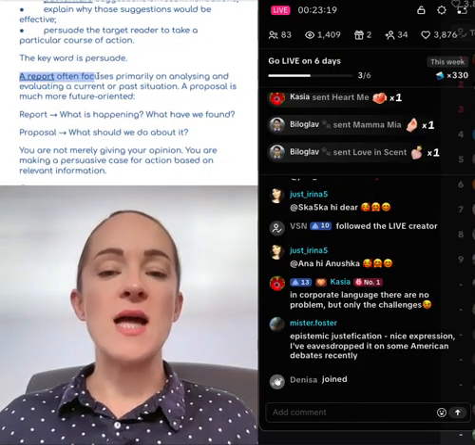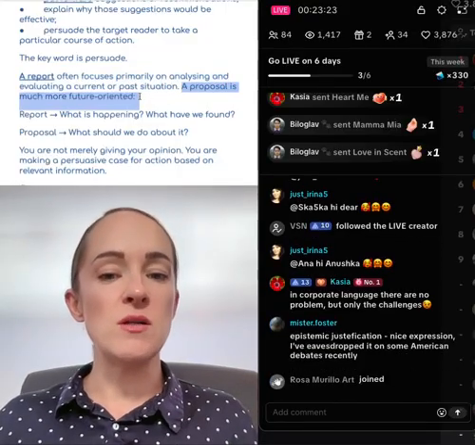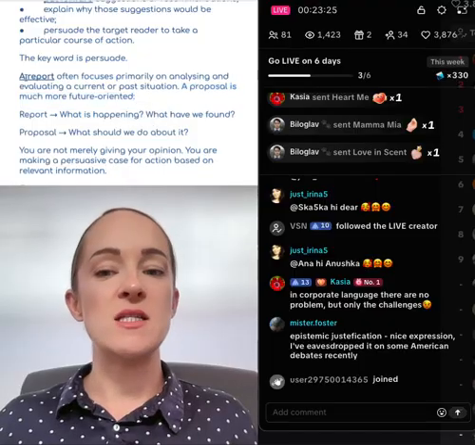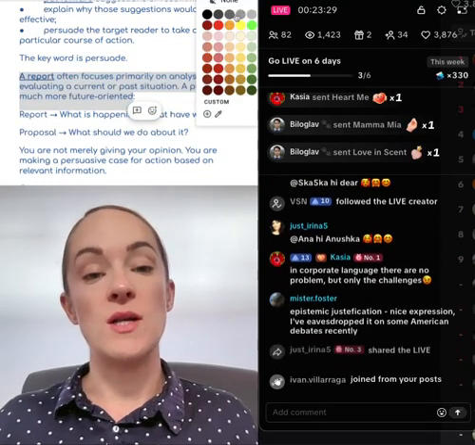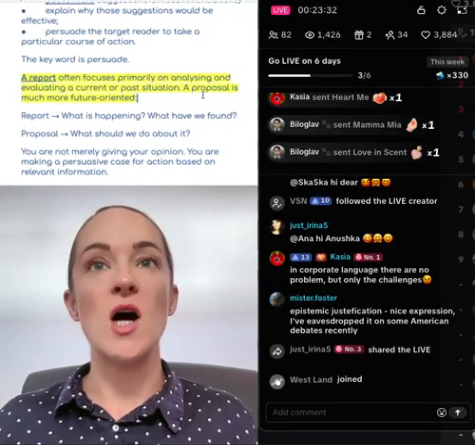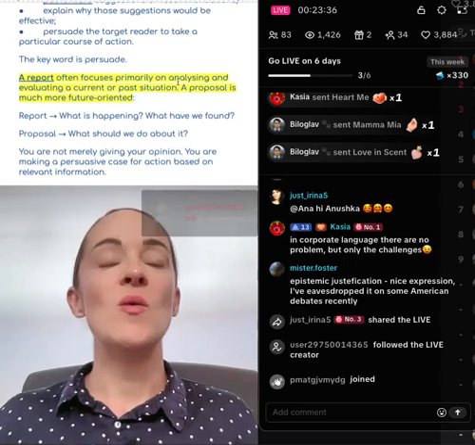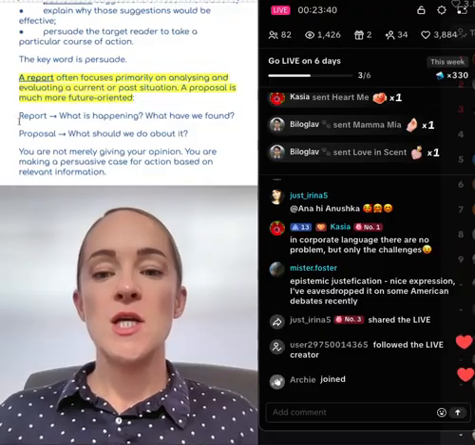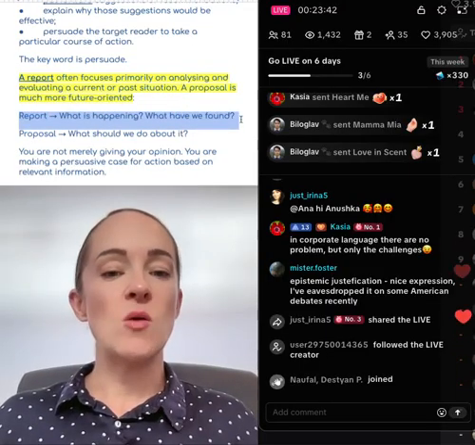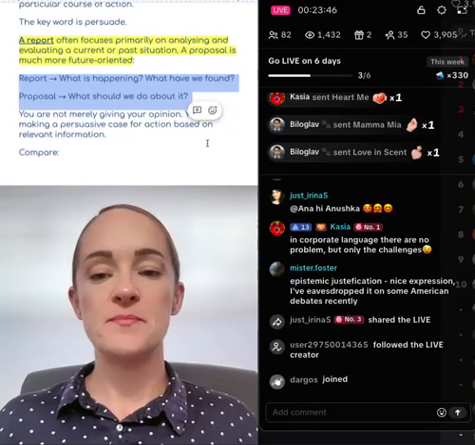Reports are focused on analysing a current or past situation, but a proposal is focused on the future. That's the main difference, and that's why in C1 and C2, you have both options. A report deals with the past or something that's happening now, whereas the proposal is for the future. So report: what is happening, what have we found? Proposal: what should we do about it?